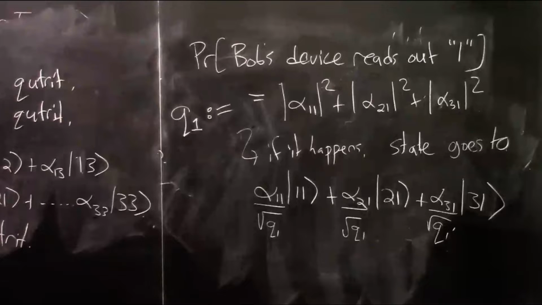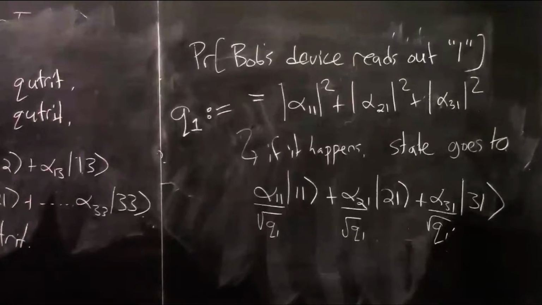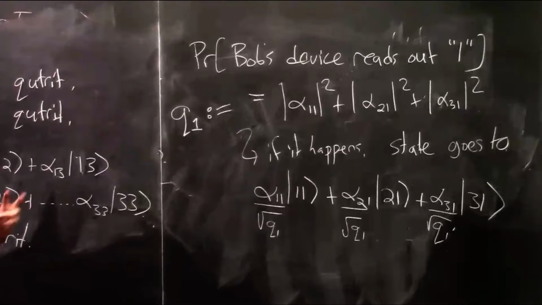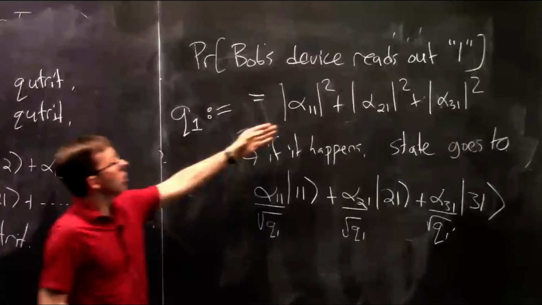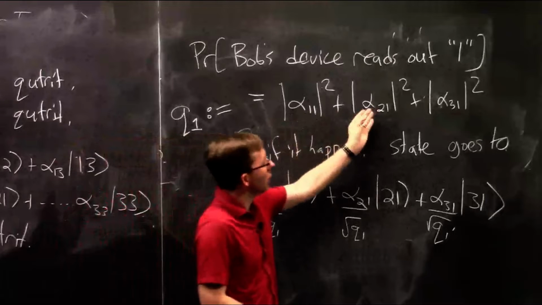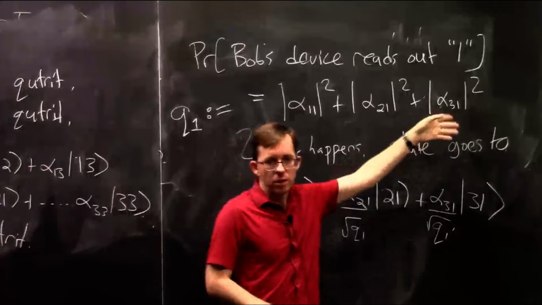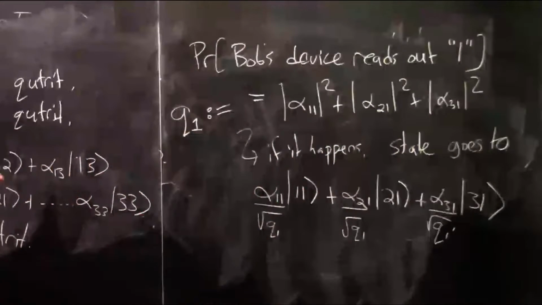Okay? And similarly, the probability that Bob's device will read out 2 is magnitude of alpha 1,2 squared plus magnitude of alpha 2,2 squared plus magnitude of alpha 3,2 squared, and so forth.